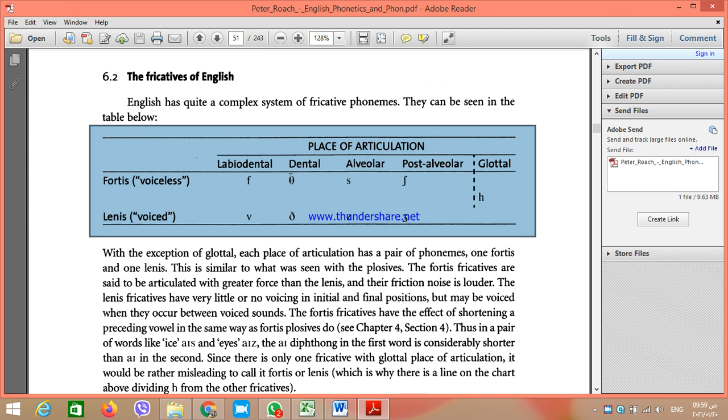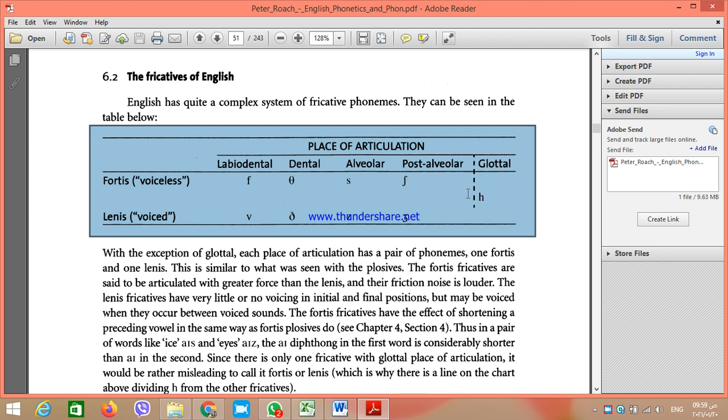Dental th, which is a voiceless fricative, and the voiced th is a voiced fricative. S and z: s is voiceless, z is voiced. Sh is voiceless, zh is voiced. So all of these are in pairs, except for the h sound. We don't have a voiced glottal variant.